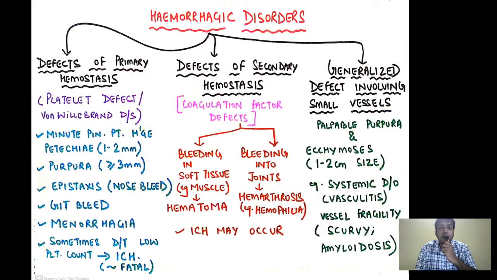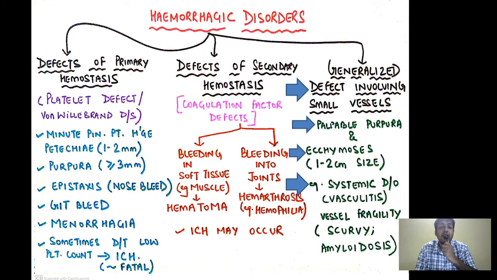Now let us read about generalized defects involving the small vessels. So these patients present with palpable purpura, okay, and they present with ecchymosis. So what are ecchymosis? Ecchymosis are those lesions which are 1 to 2 centimeter in size. So they are even larger as compared to purpura. And where are these generalized defects seen? So these are usually seen in systemic disorders.